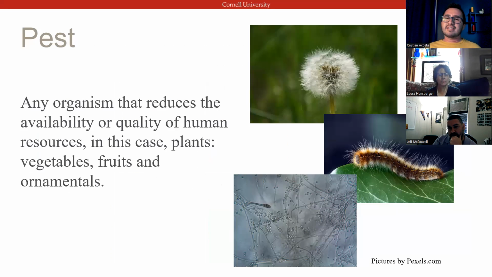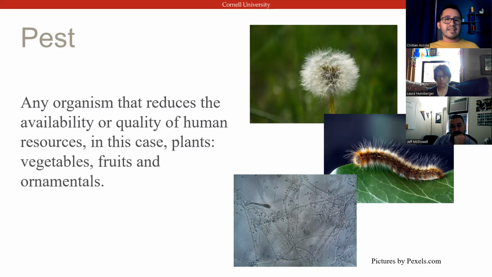So now let's see what a pest actually is, because we hear a lot about pests and diseases. Time ago, many people used to think that a pest is just an insect or some small or big animal. But actually a pest is any organism that reduces the availability and the quality of human resources.